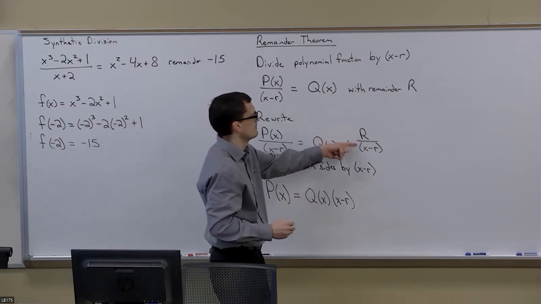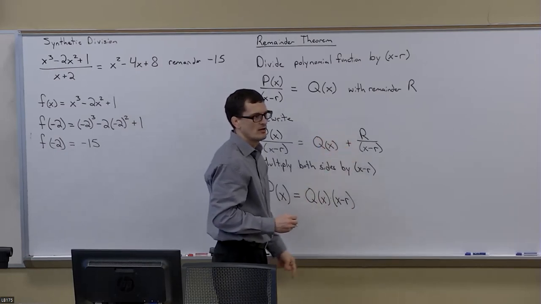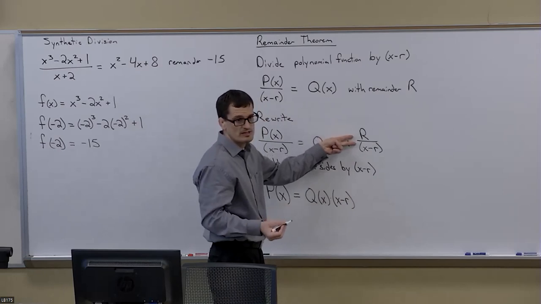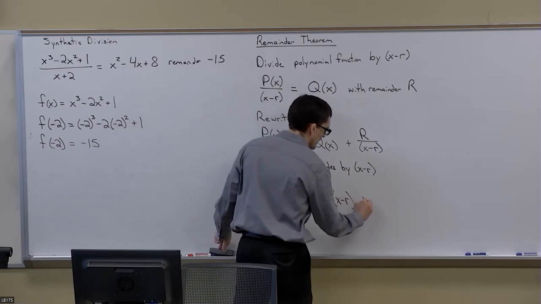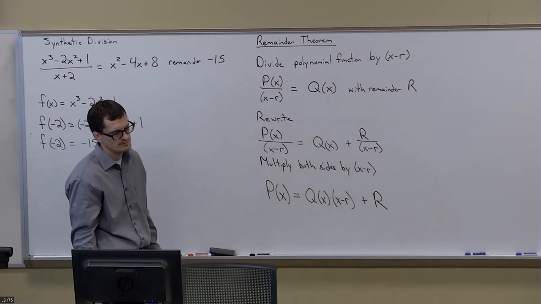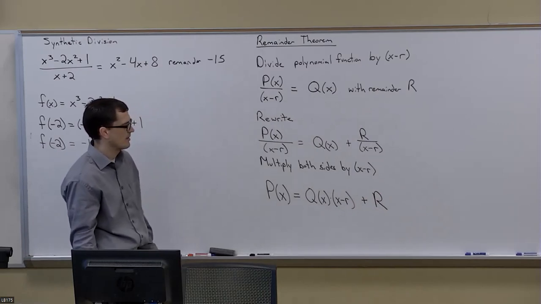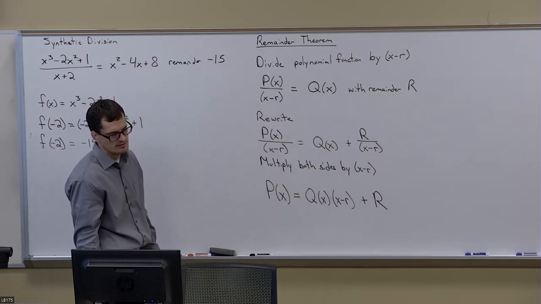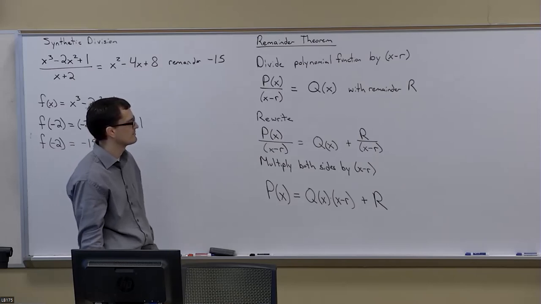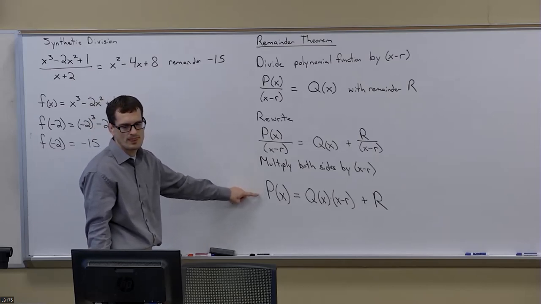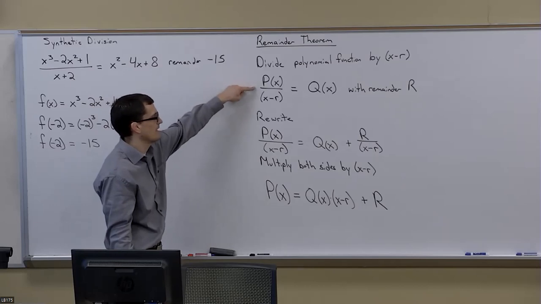What if I multiply this remainder by x minus r? Well, if I multiply the remainder over x minus r times x minus r, the x minus r's are going to cancel, and I'll just be left with plus whatever my remainder is. So this is the rewrite of what I have right here.